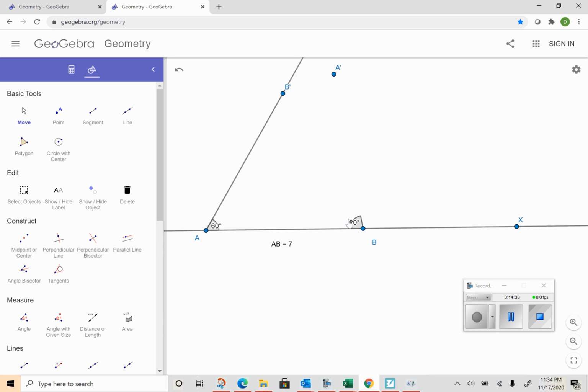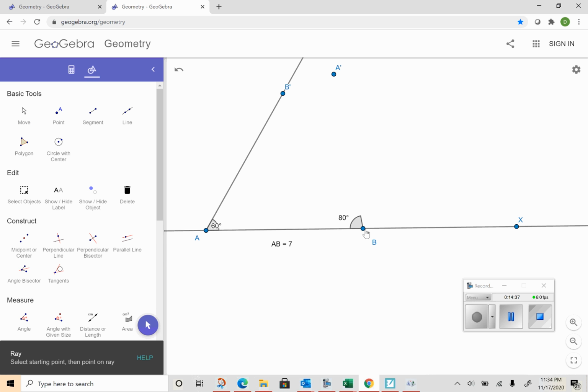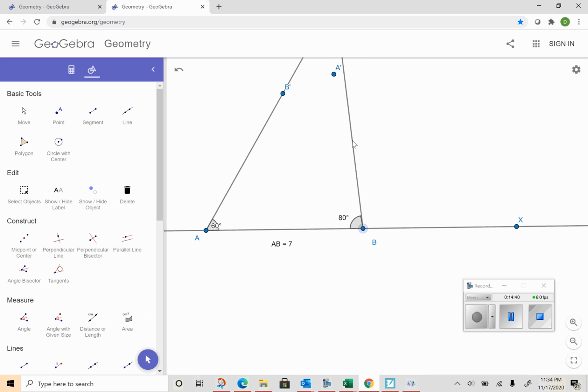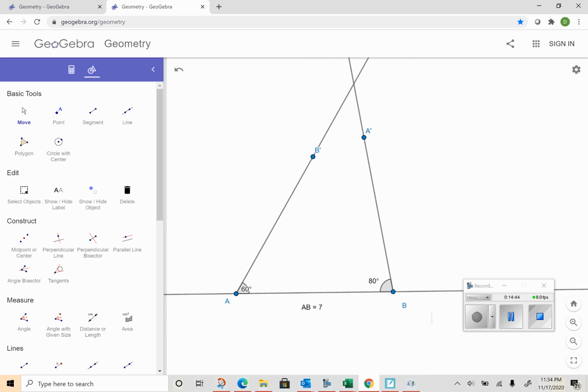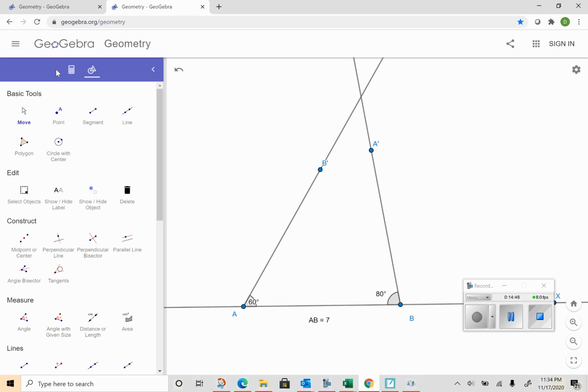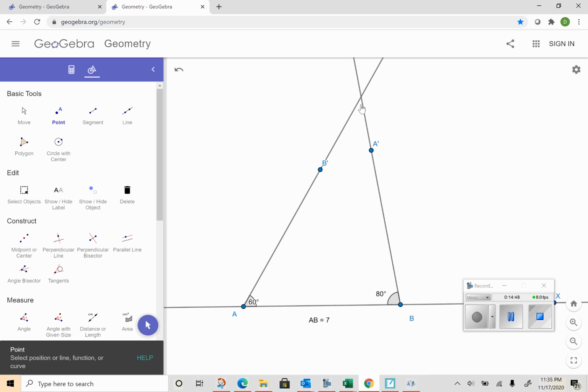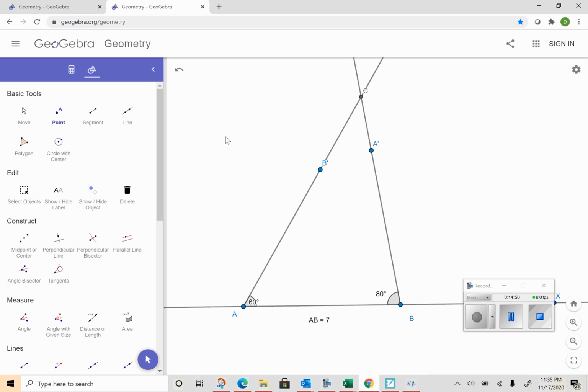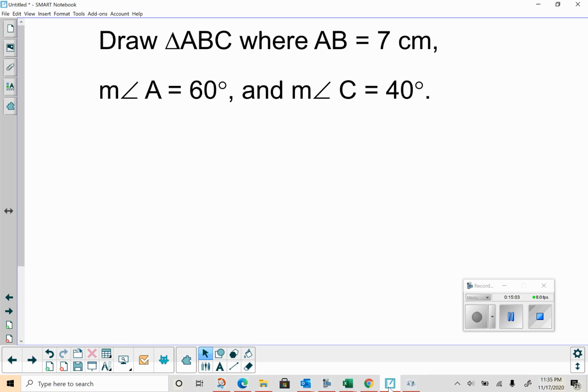Move this over, move this over. Oh, that's much bigger than I thought. It did say 40, right?